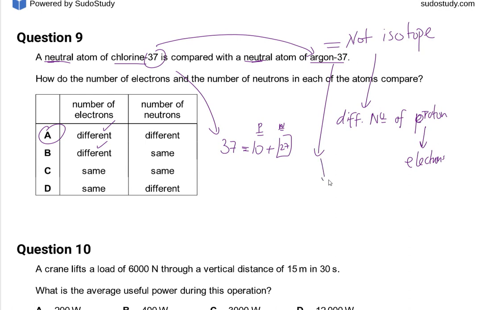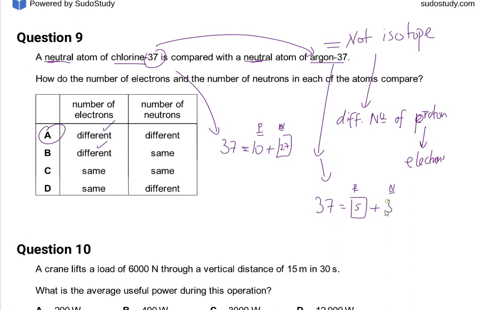Now, for argon, let's say the mass number is 37. Since they are different elements, they are going to have different protons, so this number of protons is going to be different compared to chlorine. I'm going to make up a number there, let's say 5. So what number of neutrons does this one need to have?